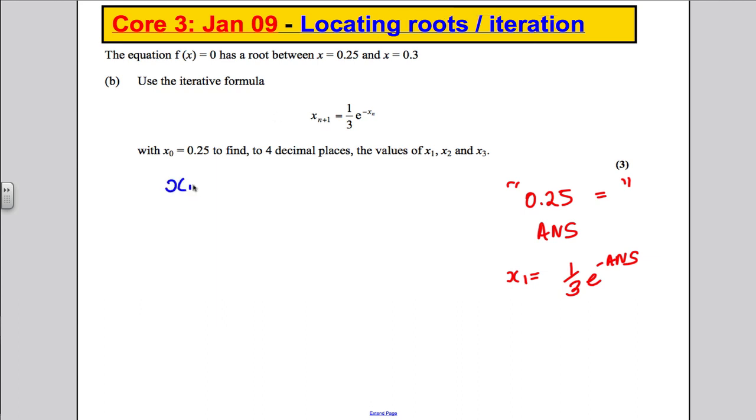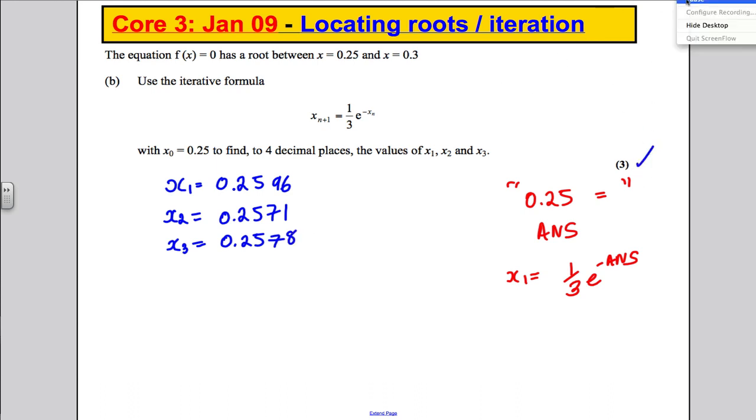So therefore, what will x1 be? We'll type in 0.25 equals, and then type in a third e to the power of negative ans, and x1 would therefore be 0.2596 to 4 decimal places, x2 would be 0.2571, and x3 would be 0.2578 to 4 decimal places, and you're done. 3 easy marks.